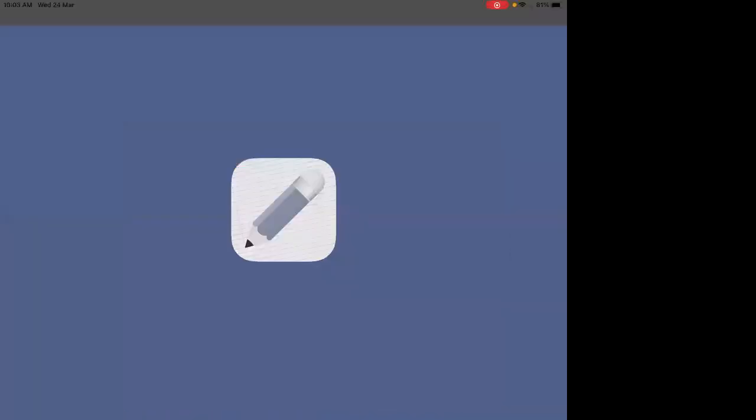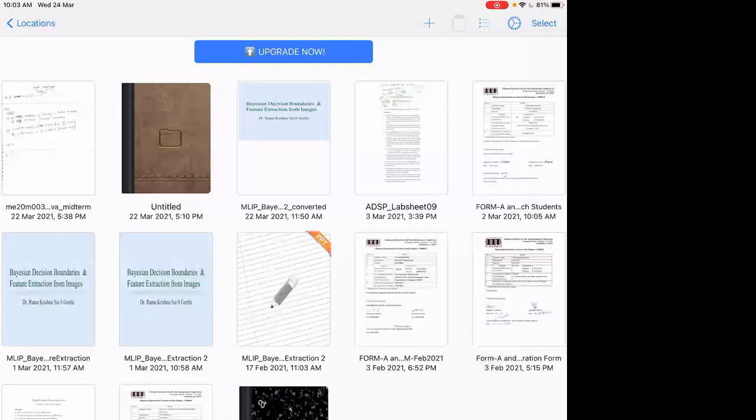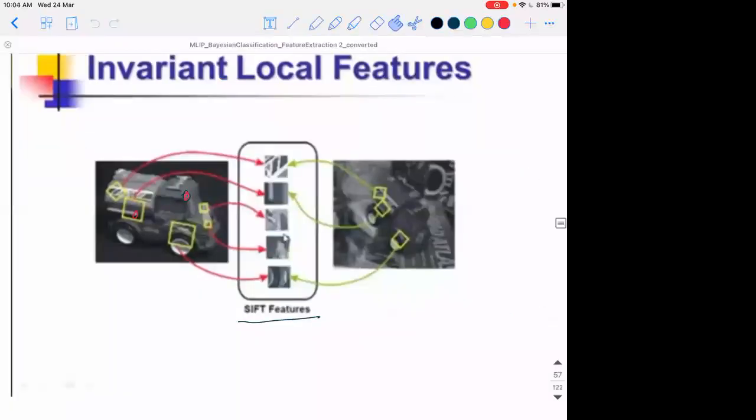I'm sharing the screen. Hope you are able to see the screen, right?